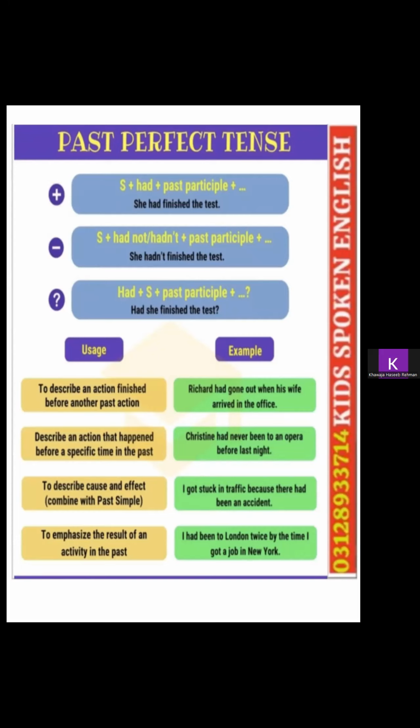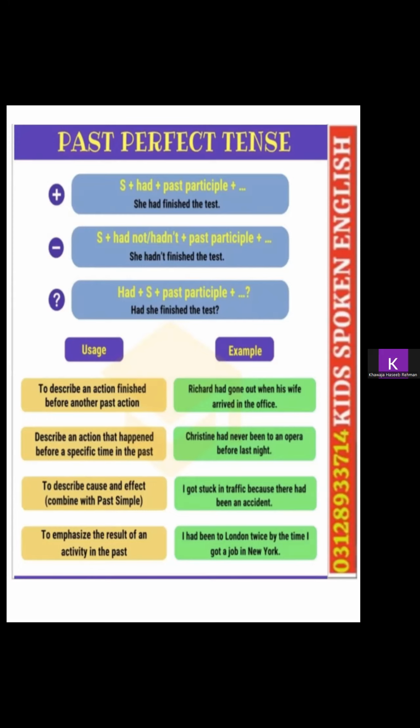The second form of verb, you remember, we used in the past indefinite tense. In the past indefinite tense, we use the second form of verb with the subject. जो काम पहले हुआ उसके लिए हम यूज करेंगे past perfect tense. Richard had gone out when his wife arrived in the office.